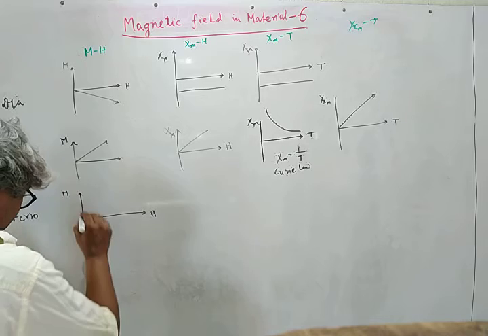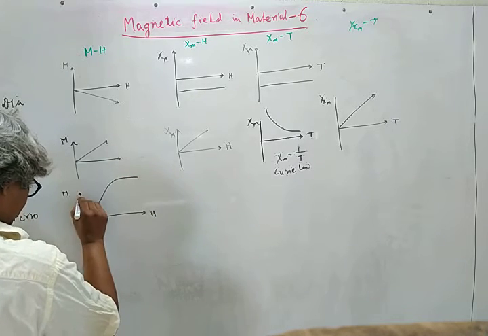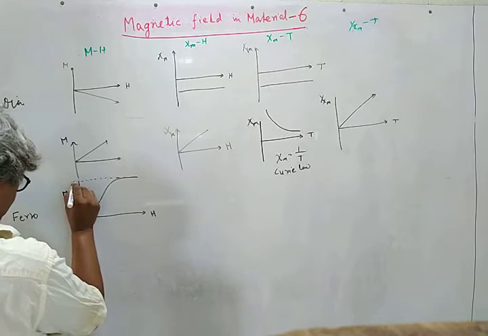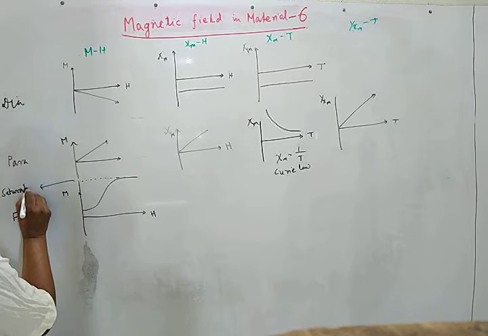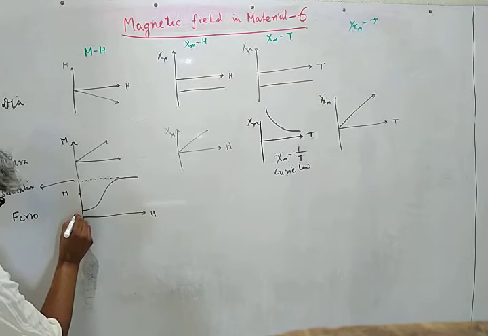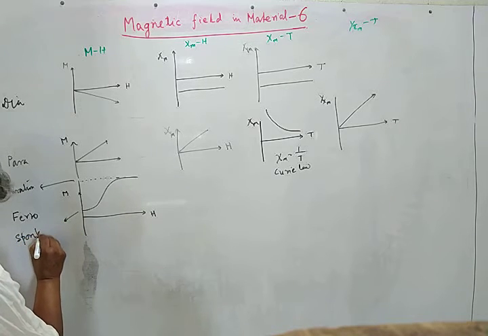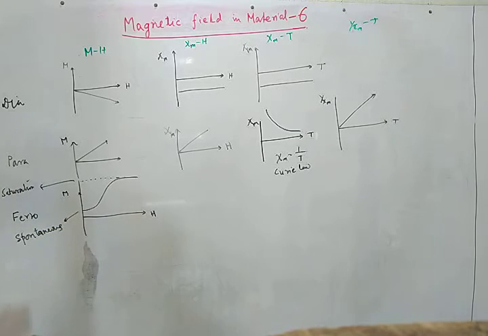It has a magnetization, and ultimately a saturation is obtained. This is called saturation. And this part is the spontaneous magnetization. That is, when the field is zero, still the substance has some magnetization, and this is called spontaneous magnetization.